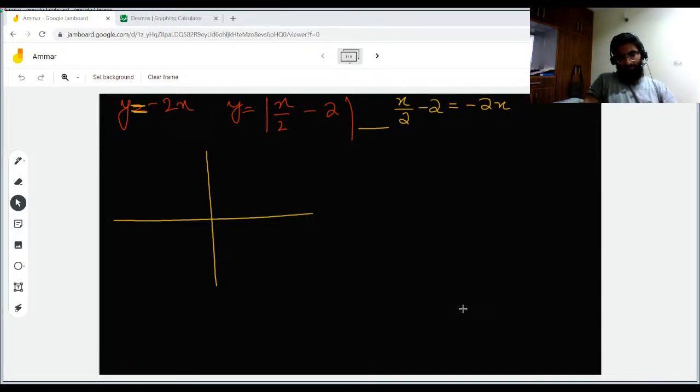One thing I know is that it's going to have a negative slope. So x is 0, y is equal to 0, so it's passing through the origin, and its slope is minus 2. So it would be something like this.